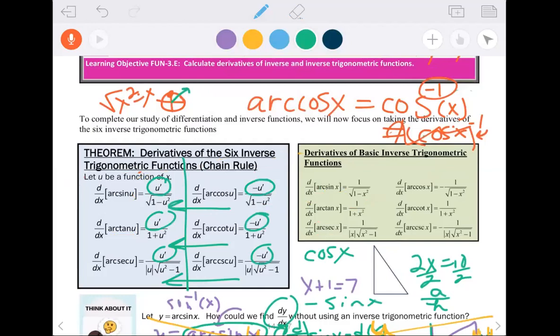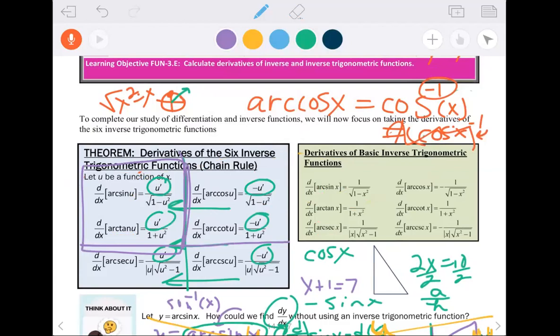Derivatives of cofunctions go negative. We don't need to memorize the bottom two. If I give you one, you can look at it, or if it's on a test, I'll put that on there. So really you just need to memorize these top two because cosine is the same as sine, just negative.